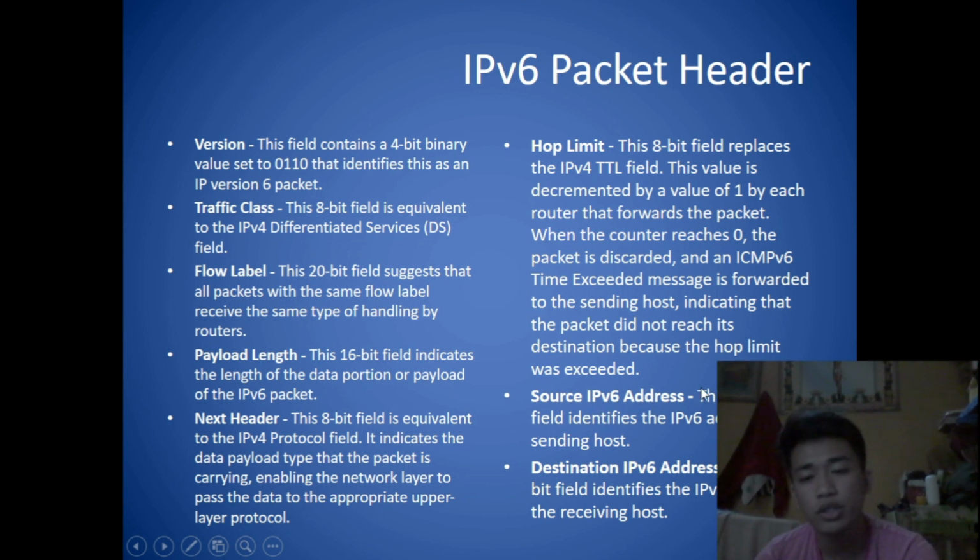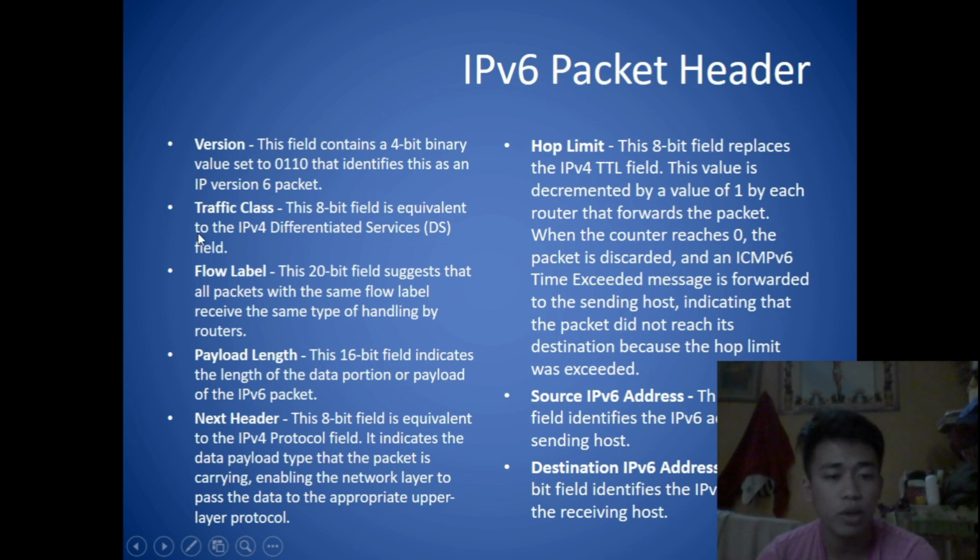The largest fields here are the source IPv6 address, which is 128 bits, and the destination IPv6 address, which is also 128 bits. Next we have the flow label. This is a 20-bit field.